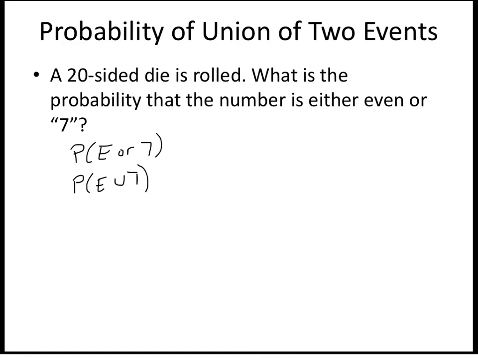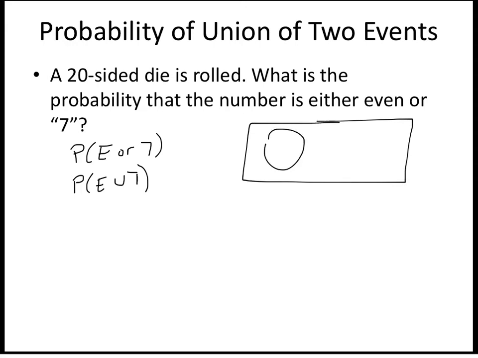So if we're looking in the sample space of my die, I want it to either be even, which is 2, 4, 6, 8, 10, 12, 14, 16, 18, 20, right? Or the probability that it's 7, right? Now, these are two mutually exclusive events, right?